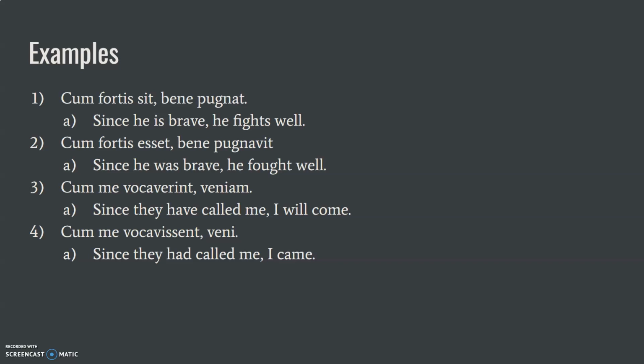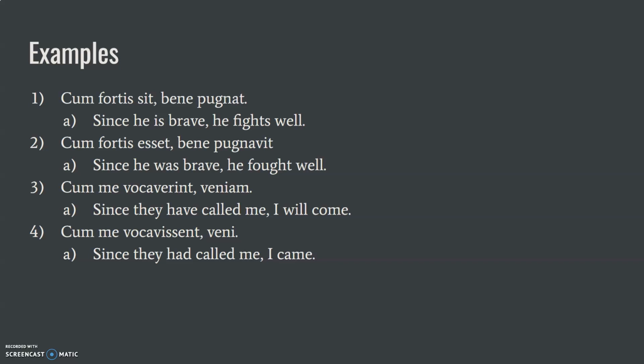Example number 2, cum fortis esset bene pugnavit. Now, basically the same sentence. The only thing we've changed are the tenses of our verbs. Instead of pugnat, third singular present active indicative, in sentence 2 we've changed it to pugnavit, third singular perfect active indicative, which means since we've moved to the secondary sequence, he fought well, we will also need to change the tense from sit, present subjunctive, to esset, imperfect subjunctive.